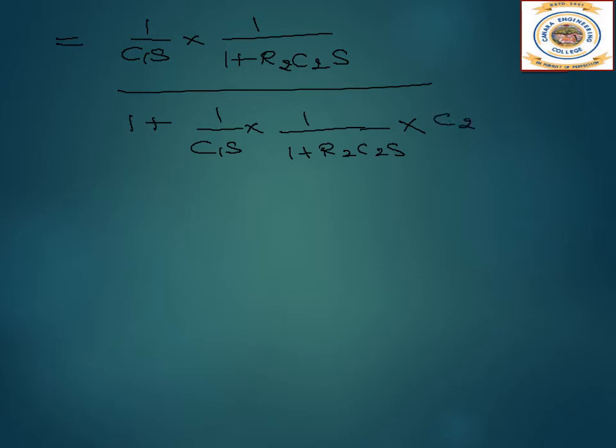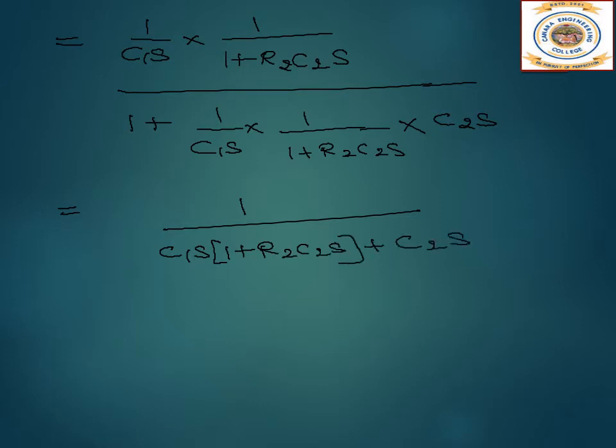H of S is C2S. Yes, we get this. Now you take the common denominator and simplify. We get this as 1 divided by C1S into 1 plus R2 C2S plus C2S. This is what we get after simplification.